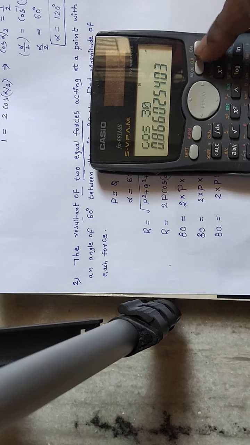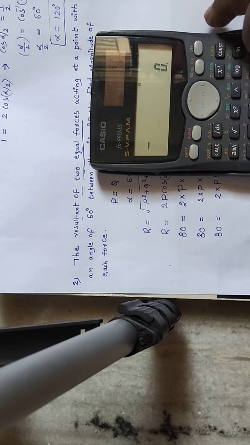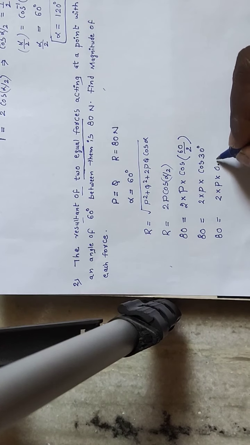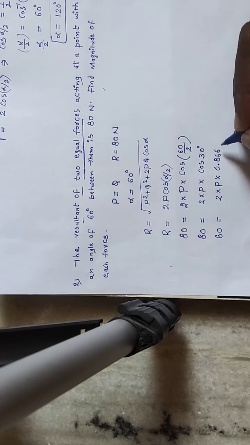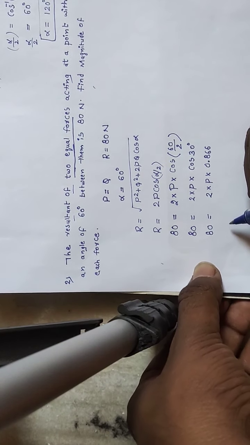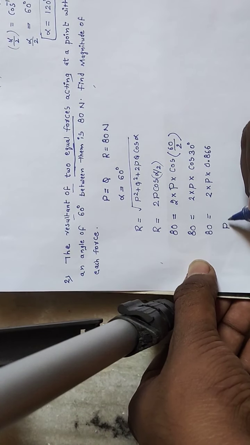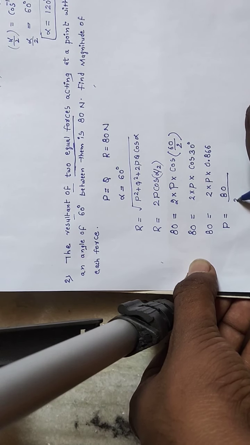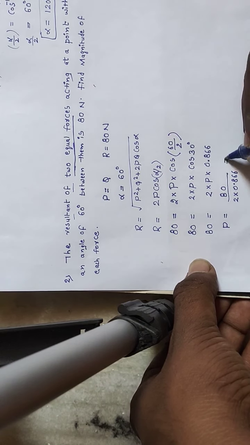So if you calculate it, then finally P will be equal to 80 by 2 into 0.866.